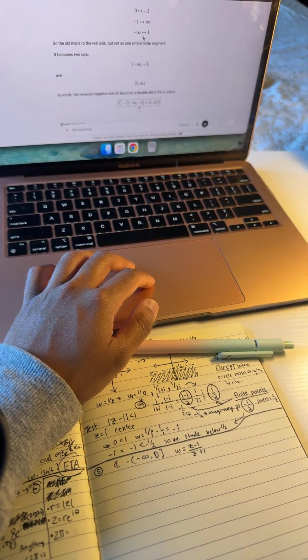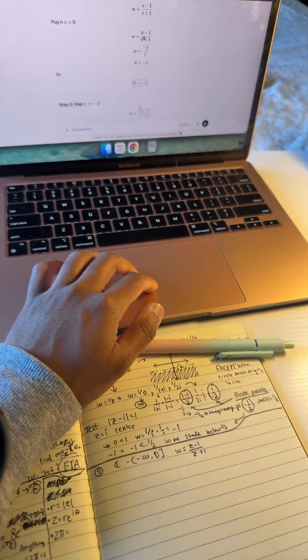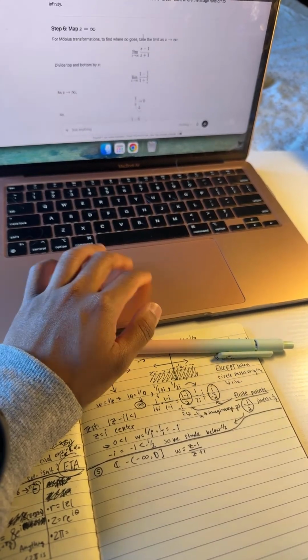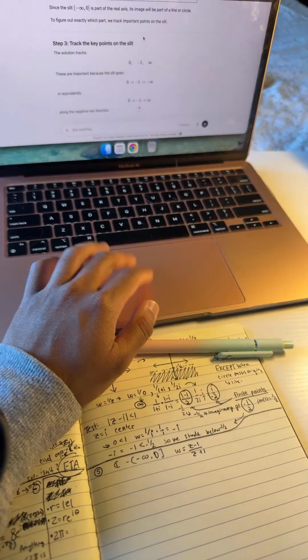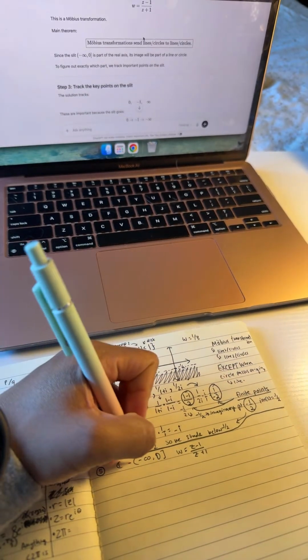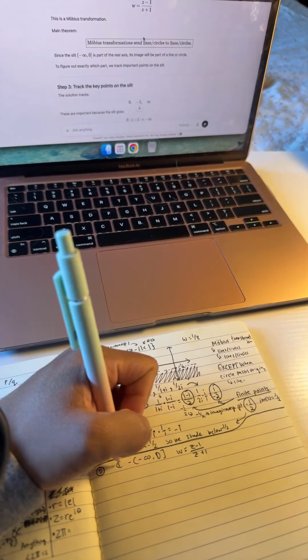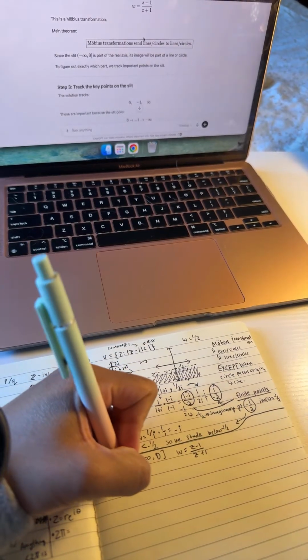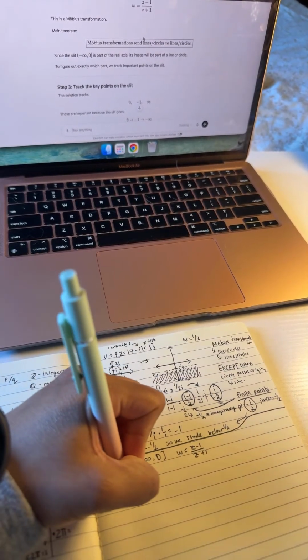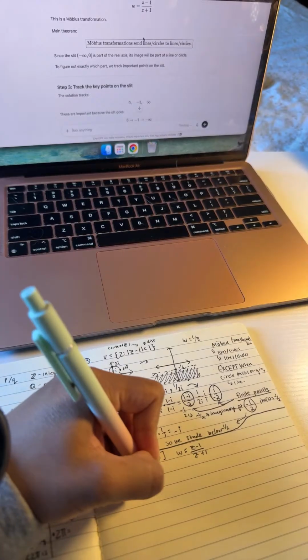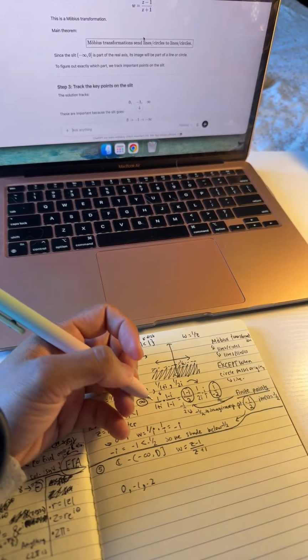Okay, let's see. So we have the negative real axis, the complex numbers minus the negative real axis. It starts with 0, -1, -2, like that.